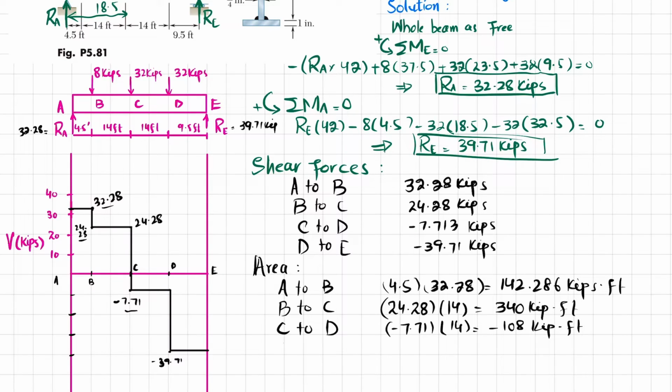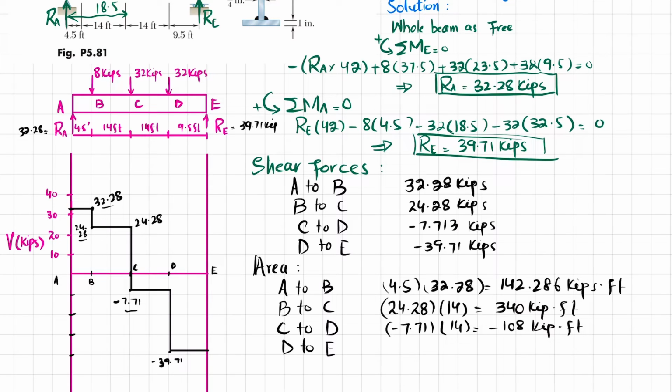Now the last one from D to E, the area will be this one. I will show you from D to E. This is the area from D to E. So length is 39.71 and width is 9.5.